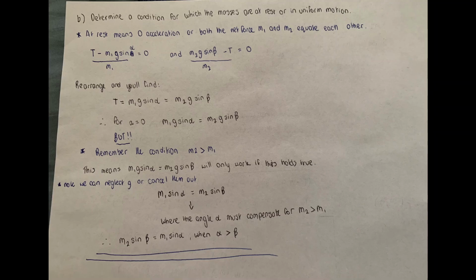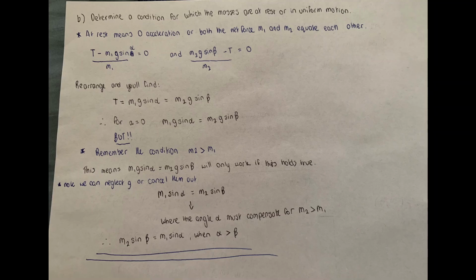This makes sense because if m2 is already greater, multiplied by sine beta, then whatever value m1 is, even if sine alpha is the same angle, the factor of m2 being larger than m1 already means that it's going to accelerate in mass 2's direction.